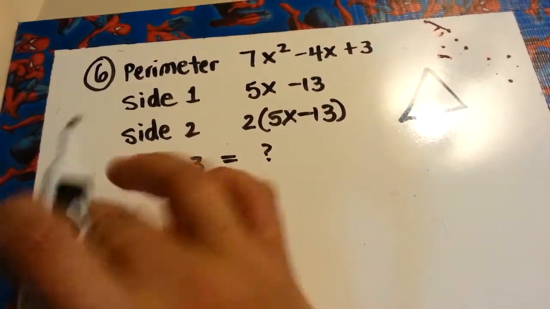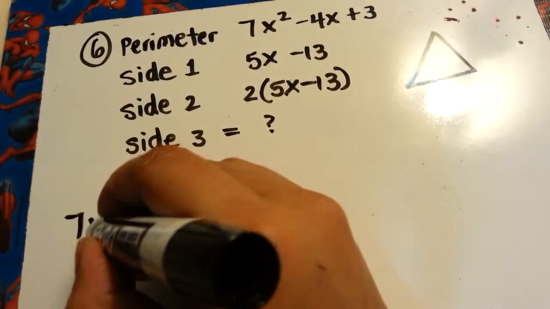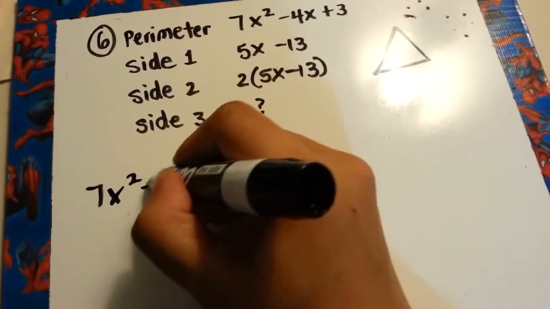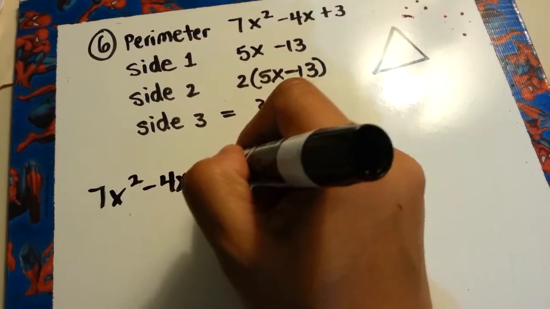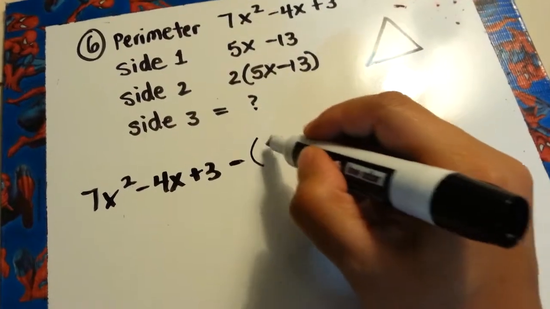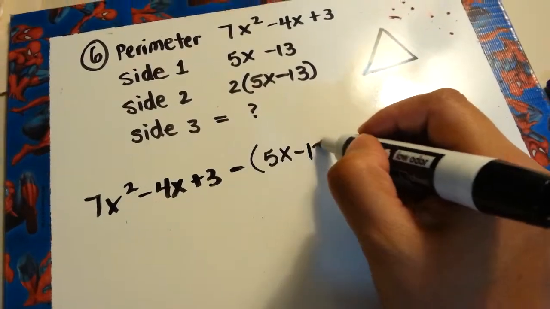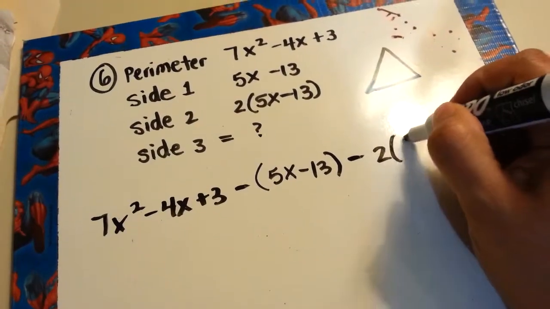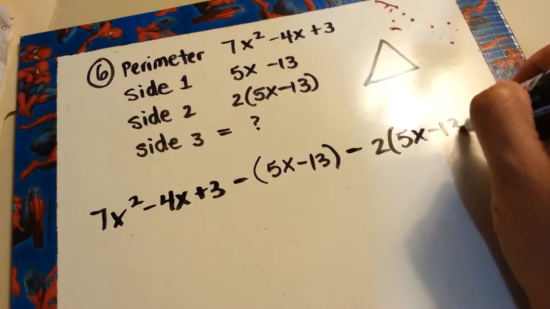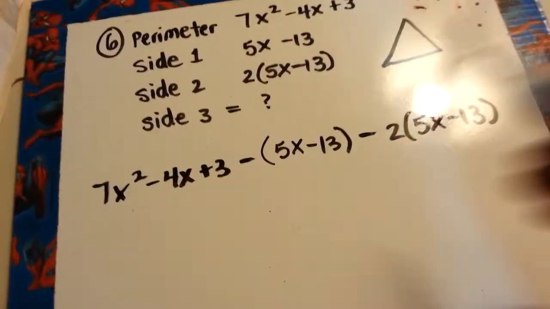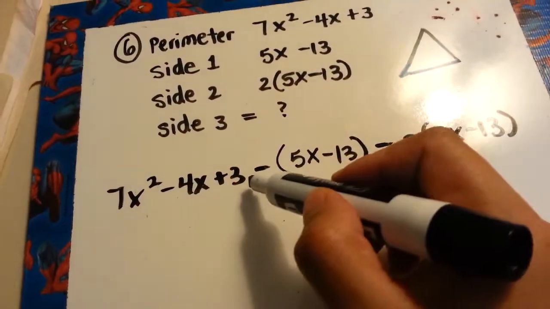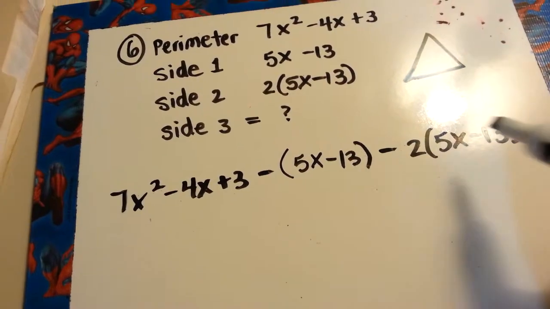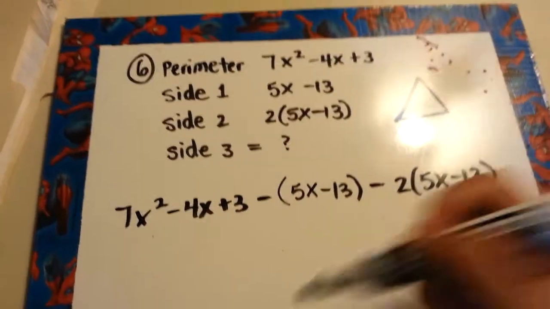So it's the perimeter, 7x squared minus 4x plus 3 minus, notice that I'm putting this in parentheses because we're talking about polynomials, and then minus side 2. Alright, so this is the perimeter, this is side 1, and this is side 2.